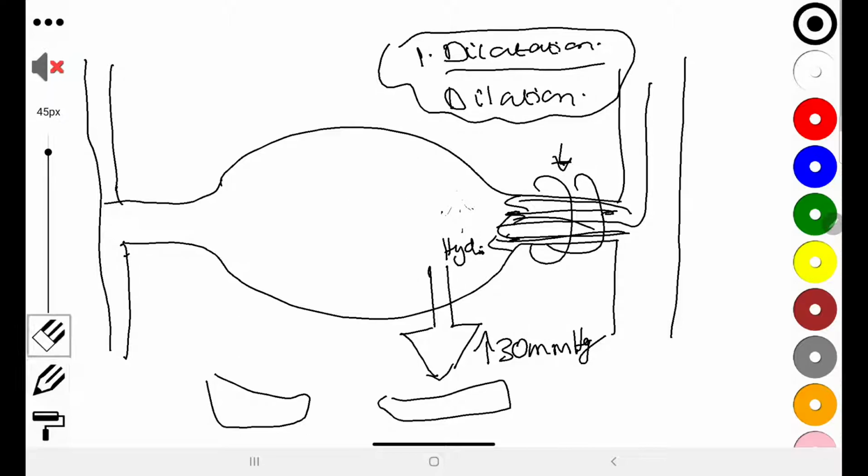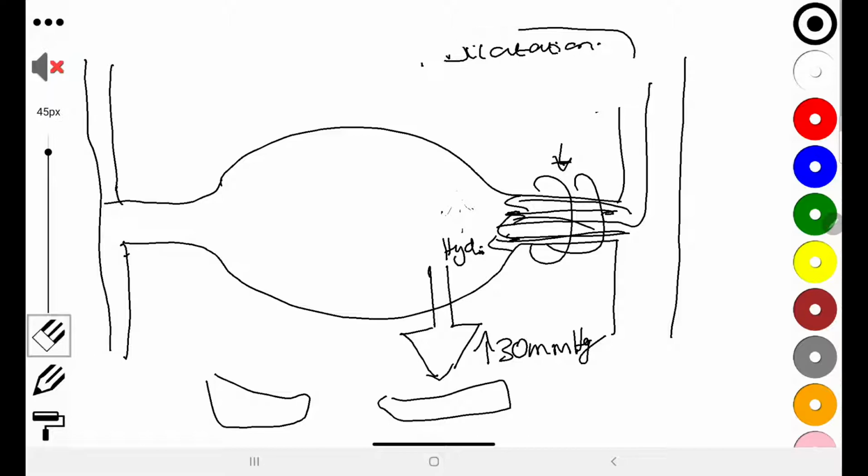So the next thing that may happen is that the venous side itself can have things happening. You can have thrombosis happening on this side, or you can have... let's start with thrombosis.